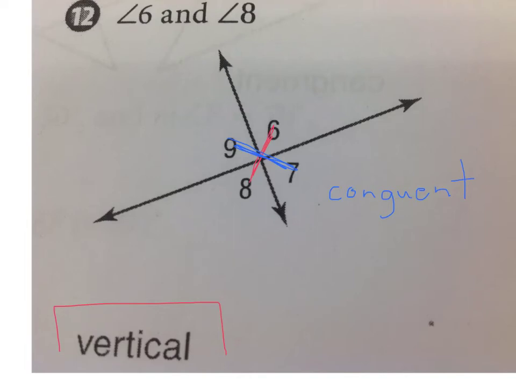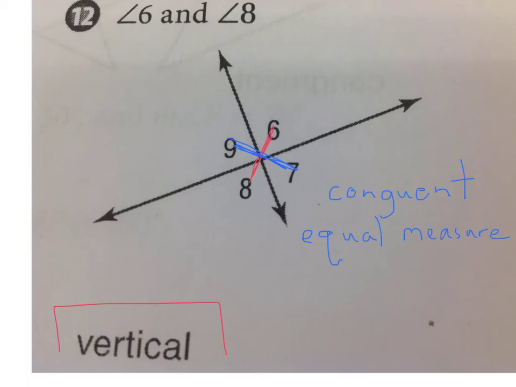Hopefully you remember that the word congruent means that they have equal measurements. So congruent means they have equal measure.